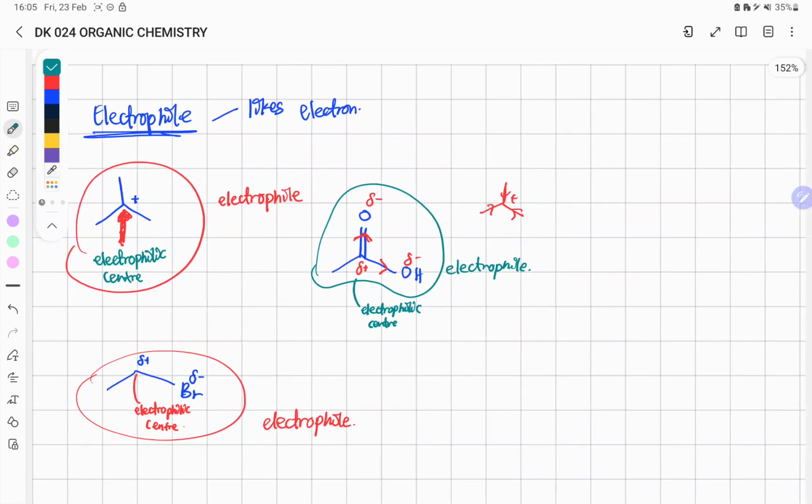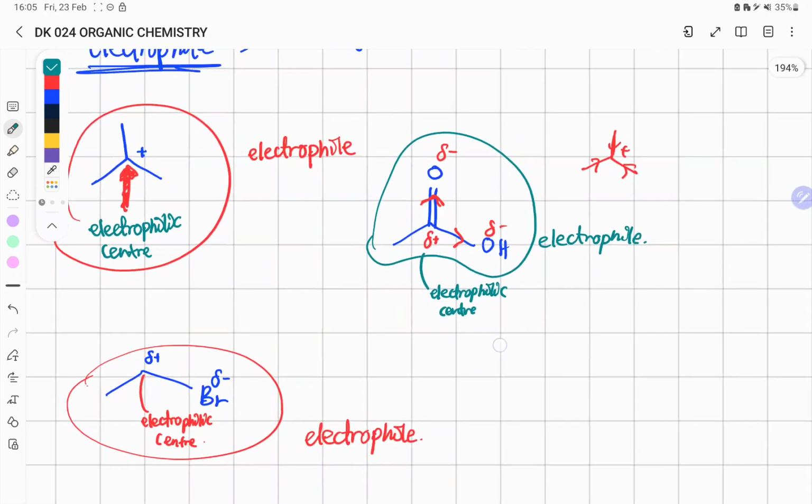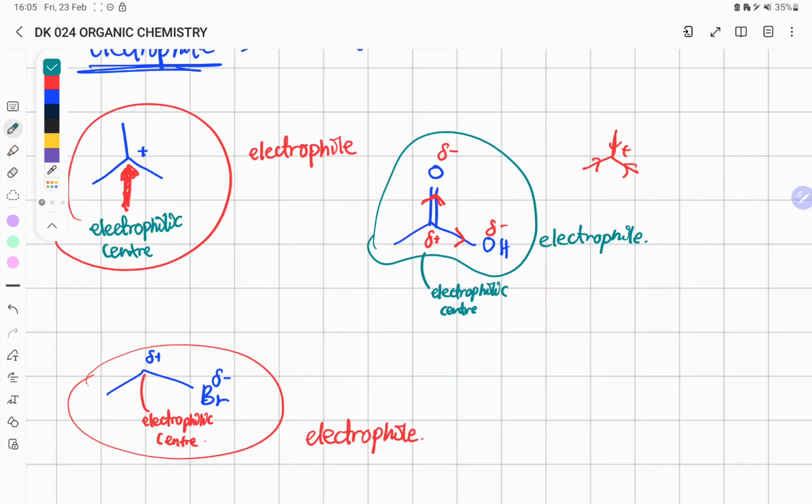Nampak dengan lebih jelas tak? The differences between electrophilic site dan juga electrophile. Can you see the difference? Soalan saya, kamu boleh nampak beza tak antara electrophilic site dengan electrophile? Boleh nampak kan? Ya?